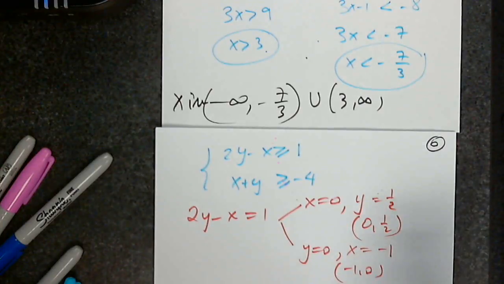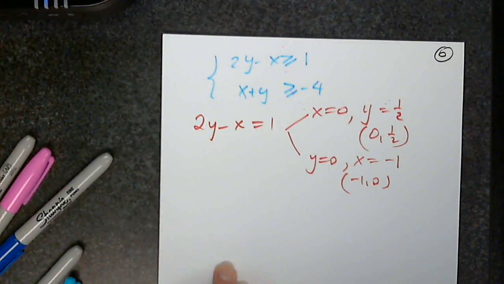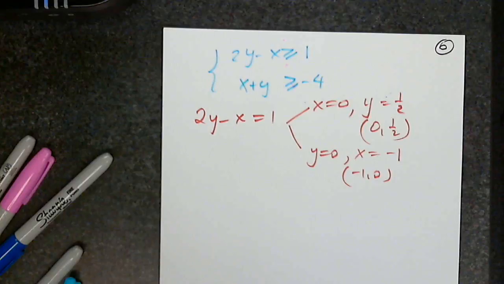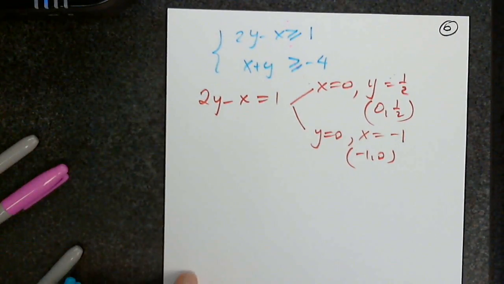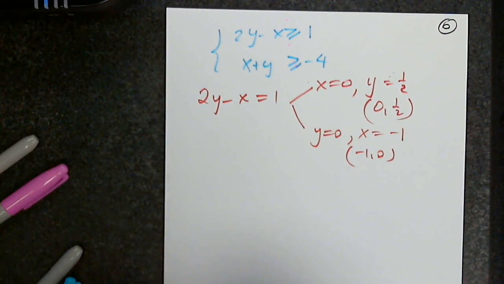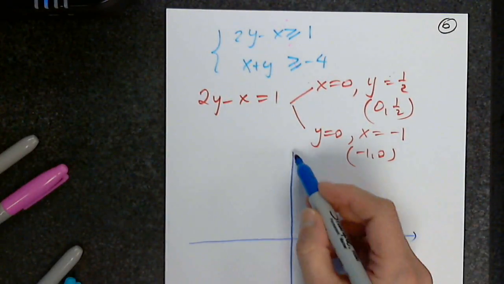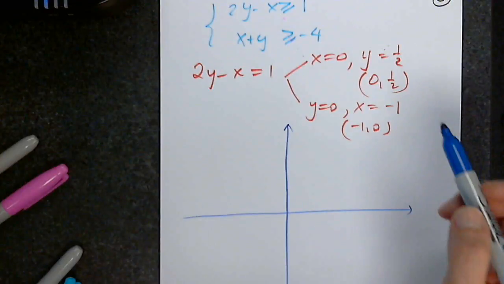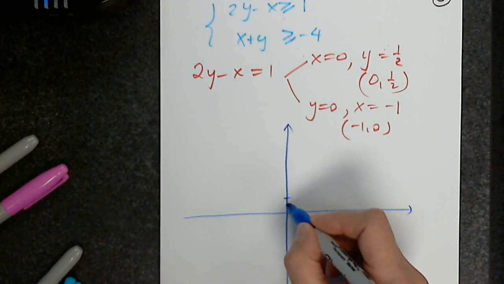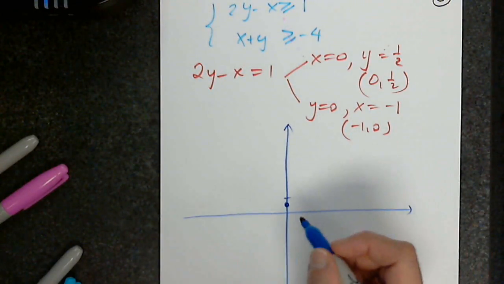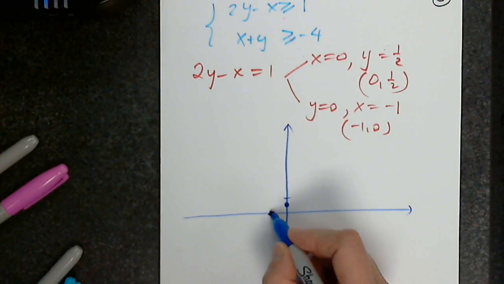So negative 1, 0. I will graph the equation.